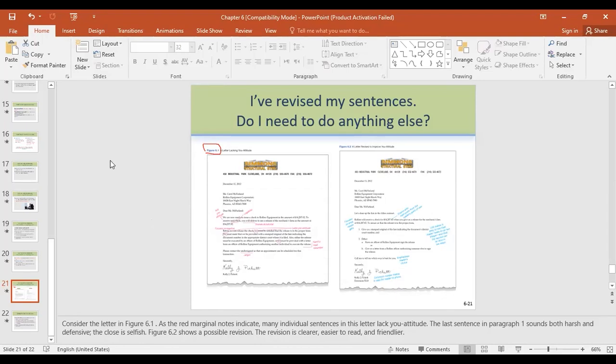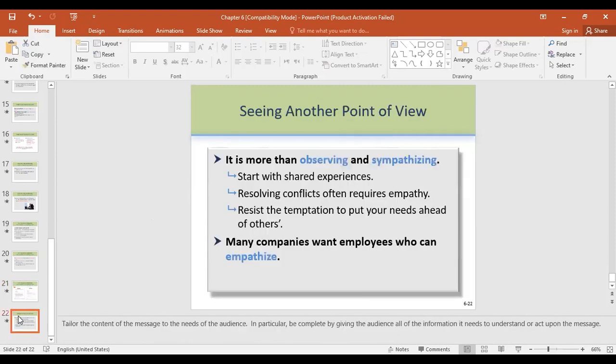Finally, we need to talk about seeing another point of view. It's more than observing and sympathizing. Starting with shared experience, resolving conflicts often requires empathy. Resist the temptation to put your needs ahead of others.